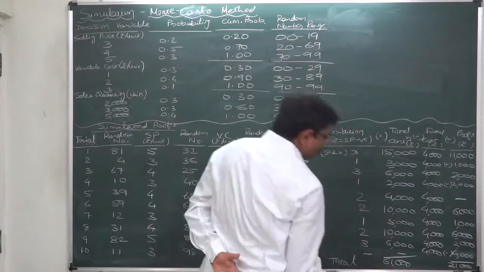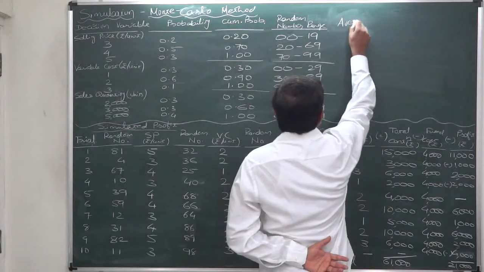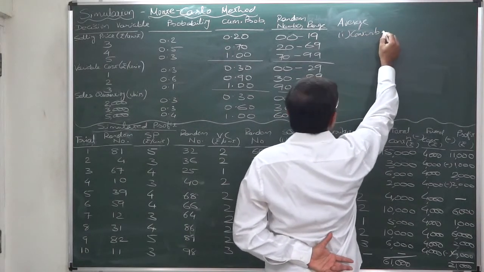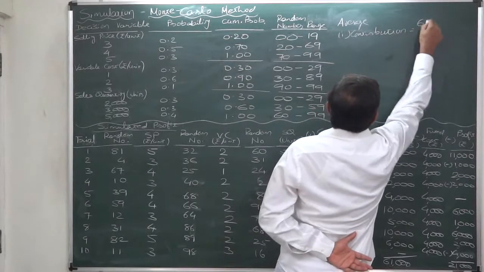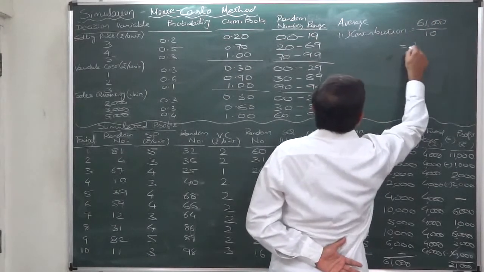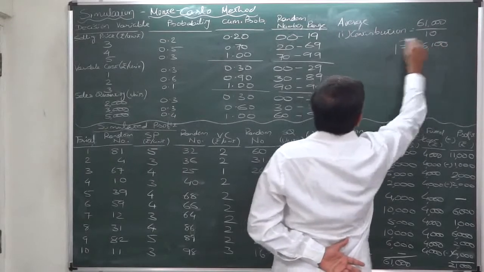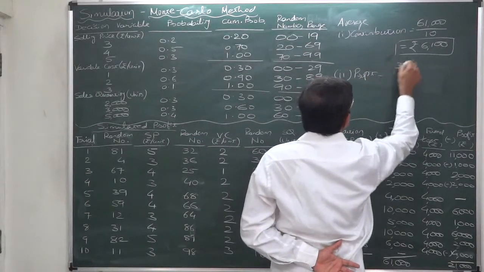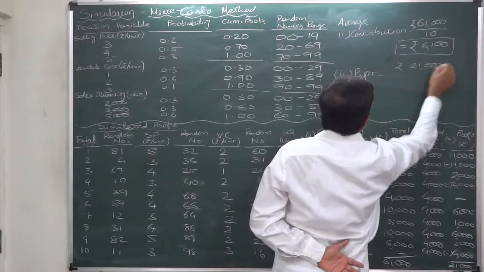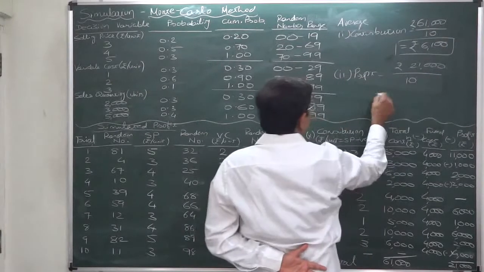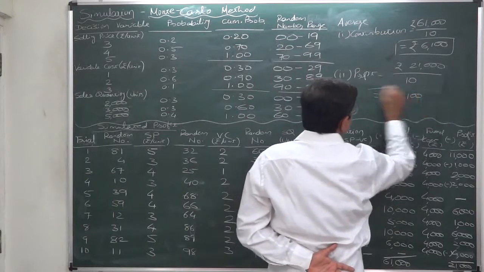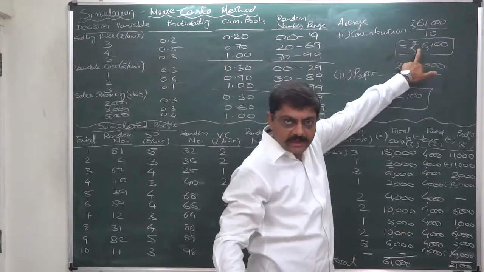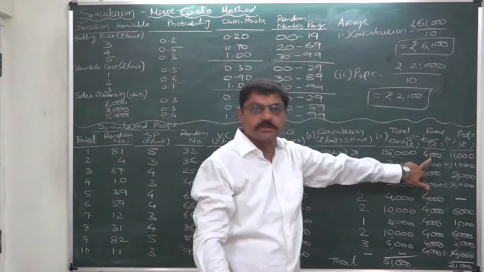If we divide these two amounts by 10, because there are totals of 10 trials, it comes to rupees 2,100, and you can reconcile. 6,100 is average contribution per trial minus fixed cost 4,000 per trial.